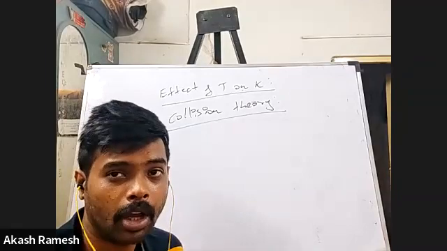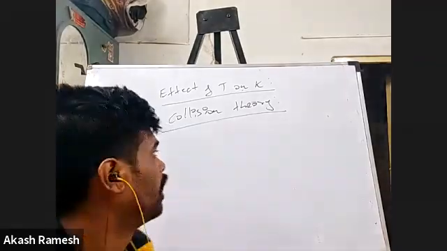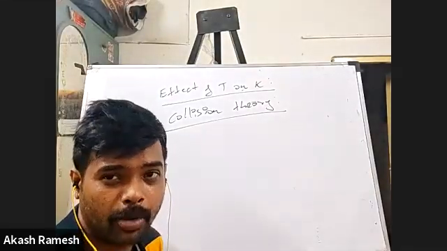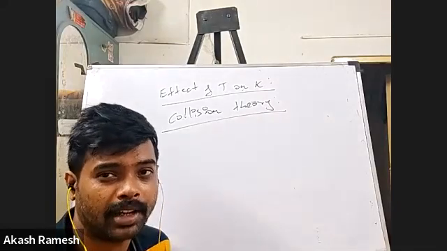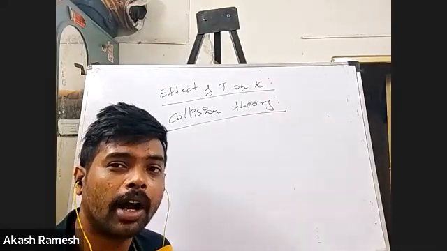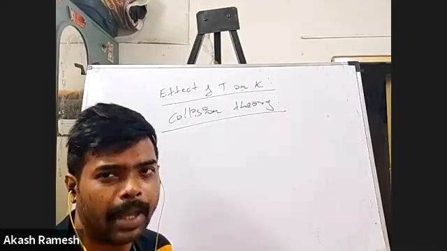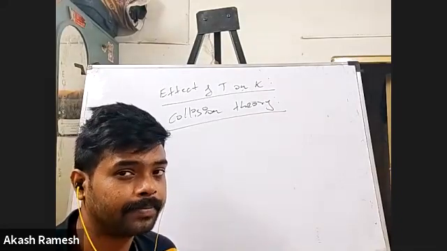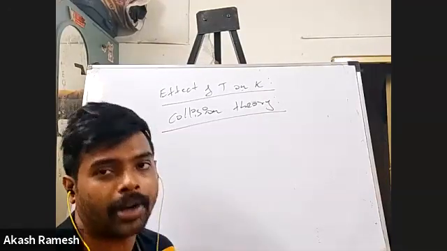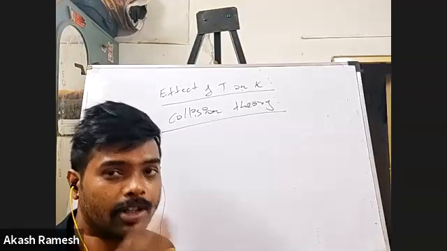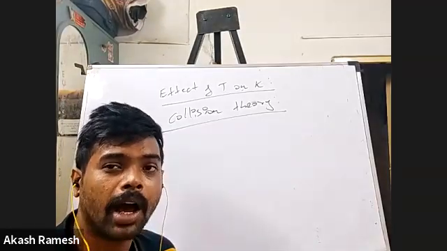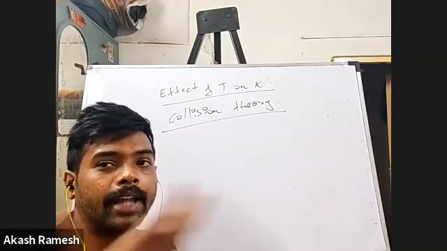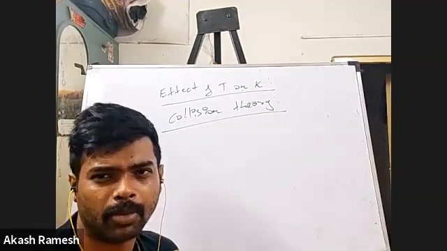What it says is that the reactant molecules which are there in the reaction mixture are going to undergo continuous collisions among themselves, so that they will be able to form a product. That's what collision theory says. They are going to form the product. It is in very simple words.